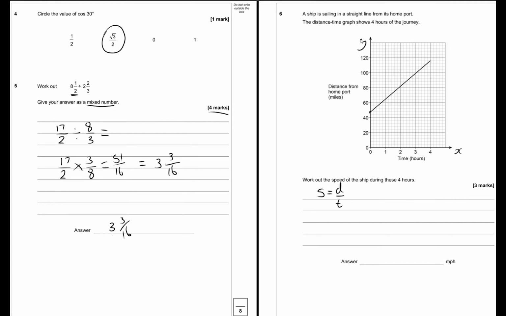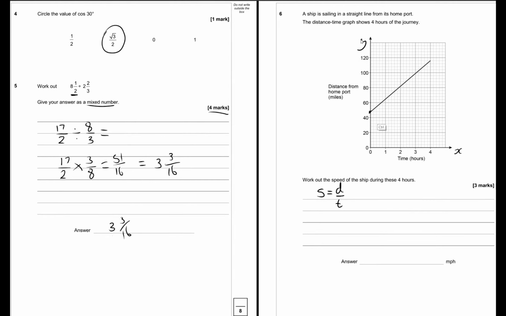So we start here, and then we're going to go all the way across to here. So that's the distance, isn't it? From there to there. So we know that's the time. So we know the time is going to be 4 hours, and now we need to work out the distance, which is this bit here. So he's gone from, what is that? I can't tell exactly.